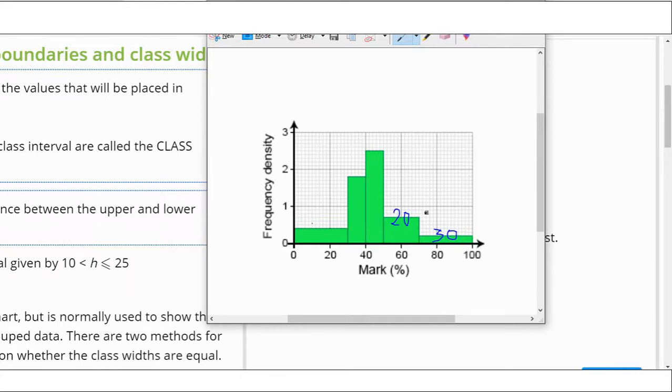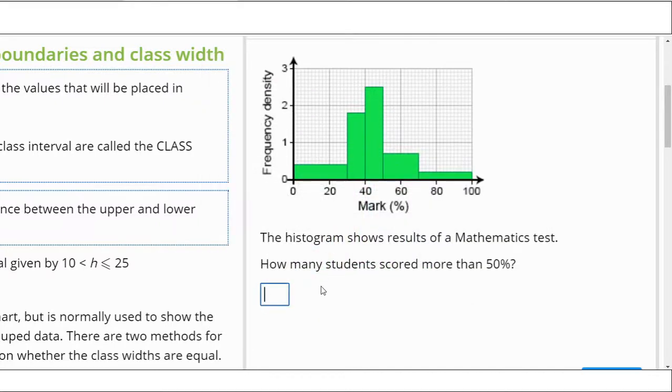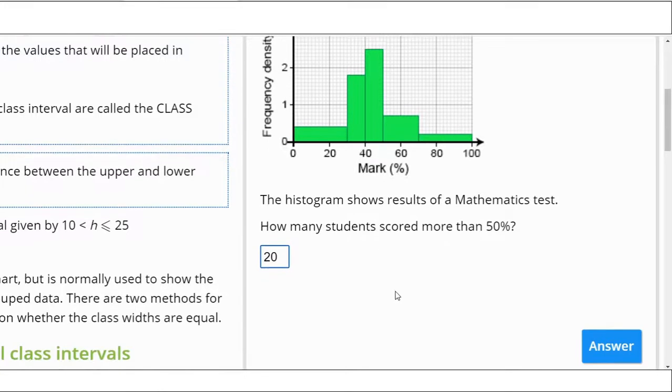So this one you multiply by 0.7, so the frequency should be 14, and this one you multiply by 0.2, so it will be 6. So the frequency of this class is 14 and this class is 6. 14 and 6, 20. Let's check.